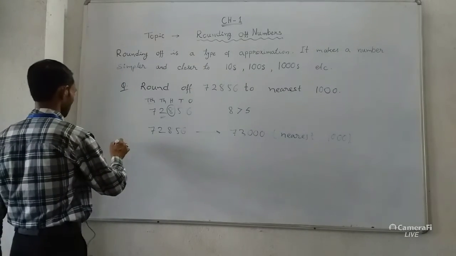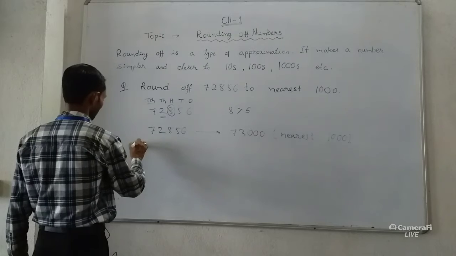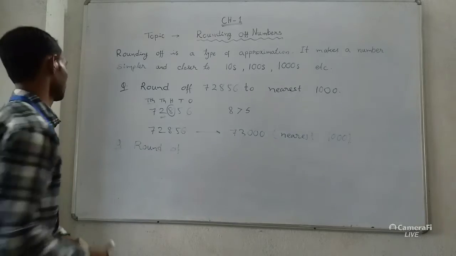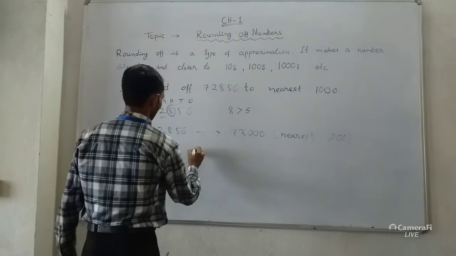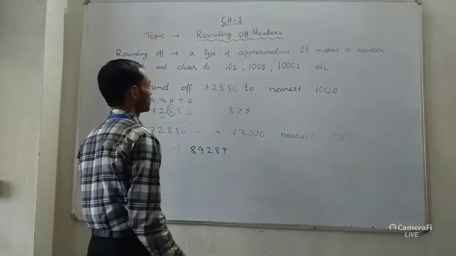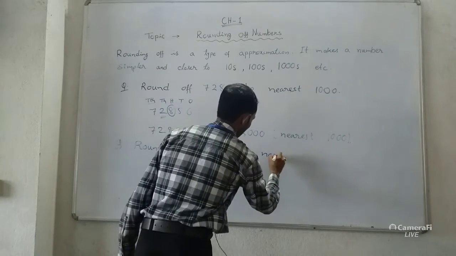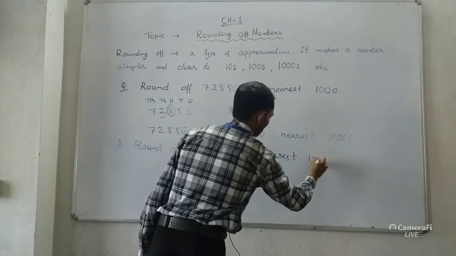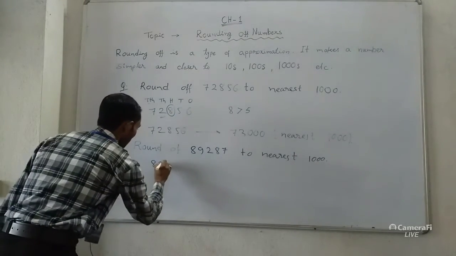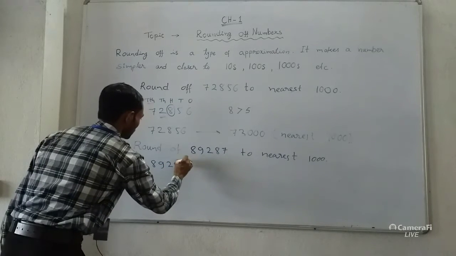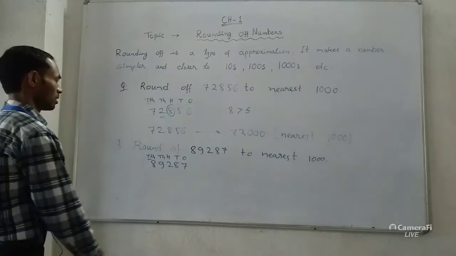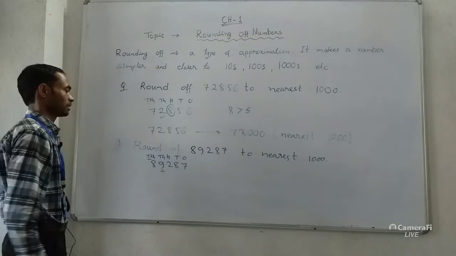Now let us take another round off. Round off 89287 to the nearest 1000. Check what the thousands place is in that number. 89287: this is the ones place, tens, hundreds, thousands, ten thousands place. So the thousands place digit here is 9.